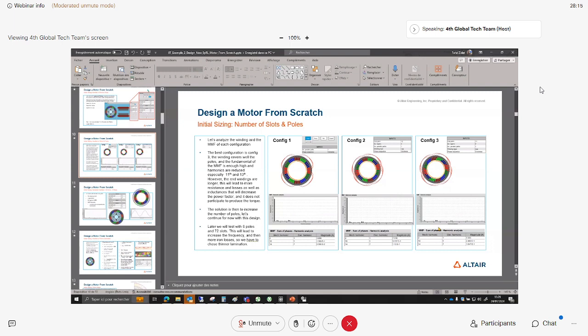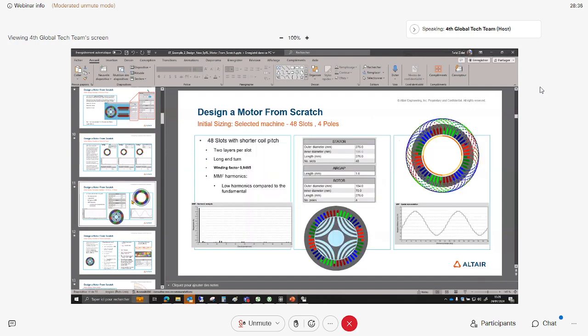Okay, so we'll continue with 4 poles and 48 slots, but we are going to test this 6 poles 72 slots as well. Then configuration 3 of the winding is chosen here, and we are going to continue with it.